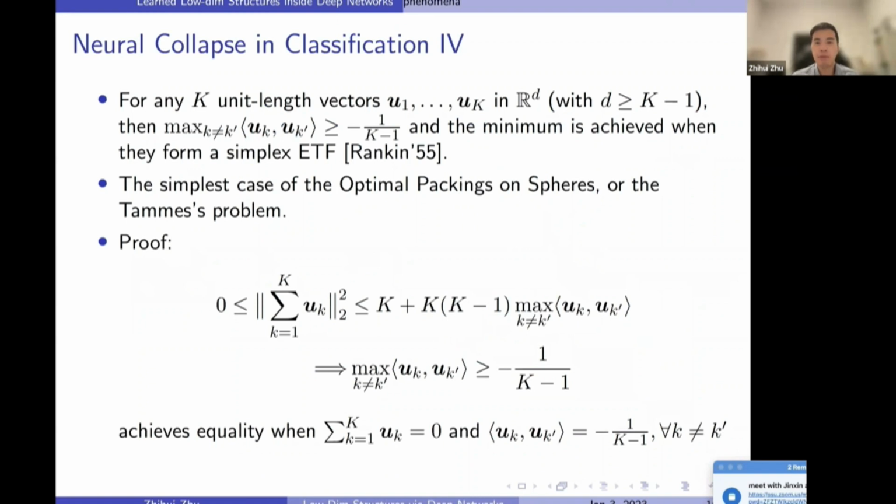Well, you may wonder why this cosine angle is the largest possible, why we can't achieve a larger angle for each pair, say 180 degrees. Well, it can't.